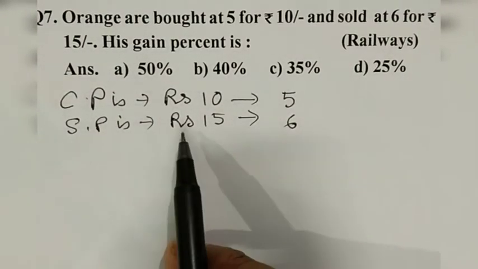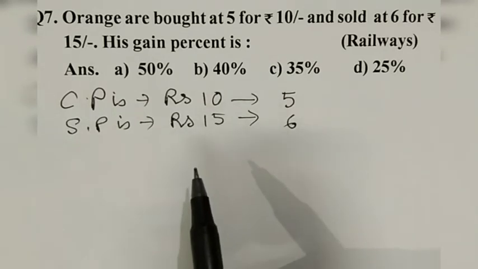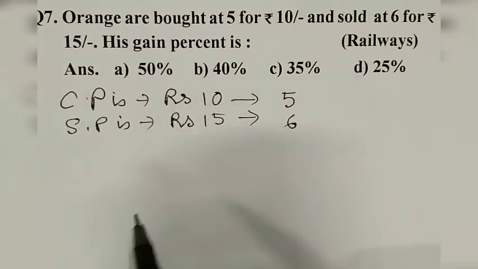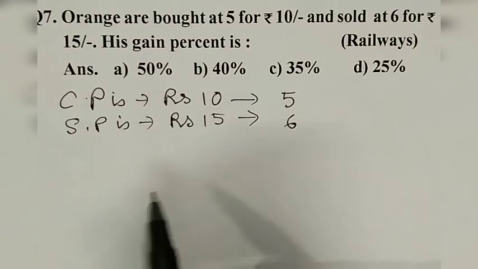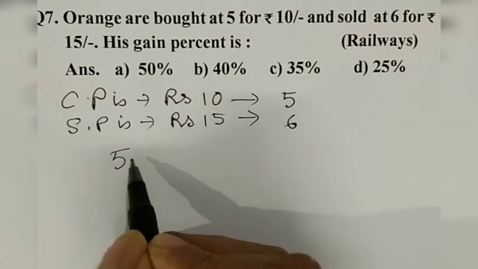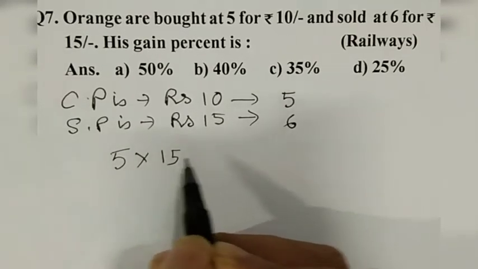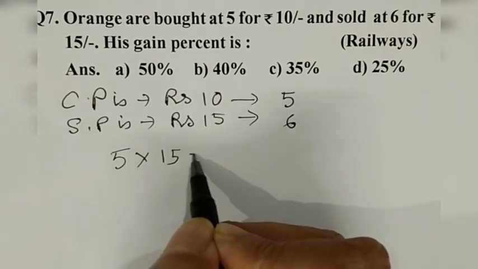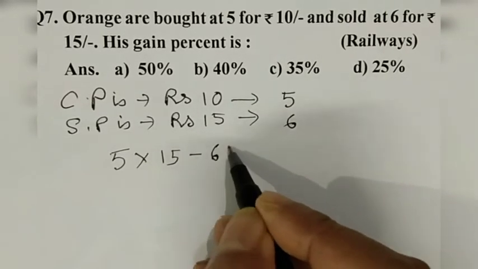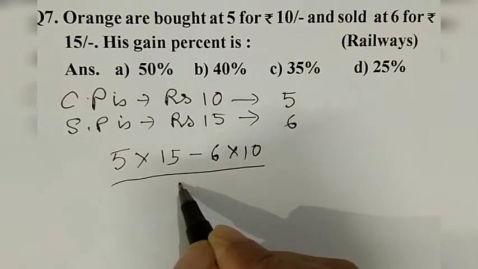Here rupees and articles both are mentioned, so the shortcut trick is: gain percentage is articles number of cost price into selling price minus the remaining 6 into 10 by remaining.